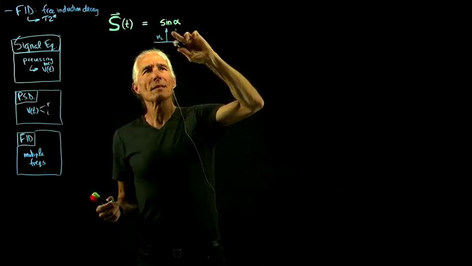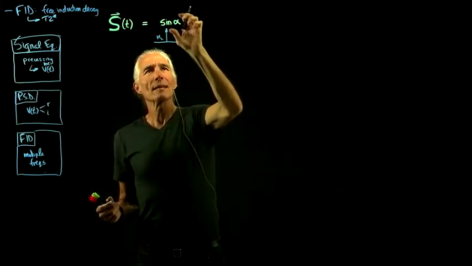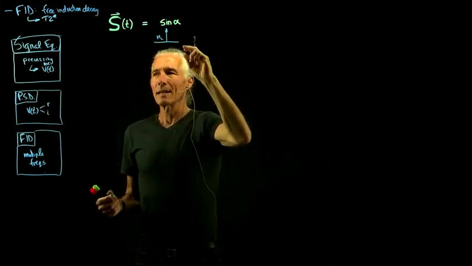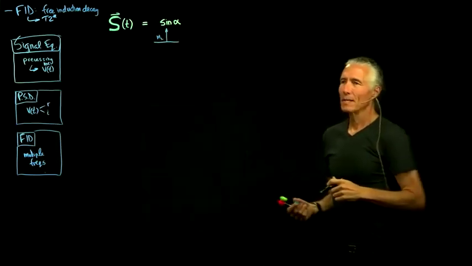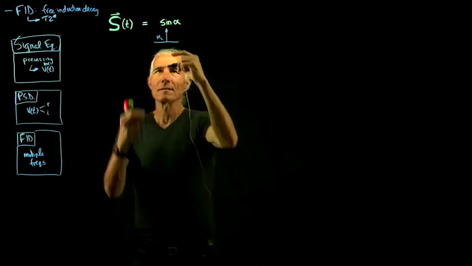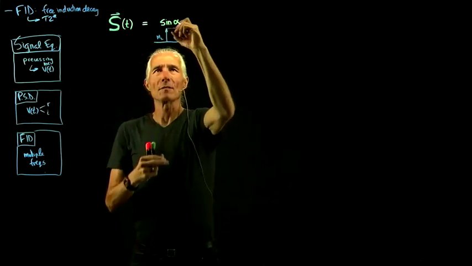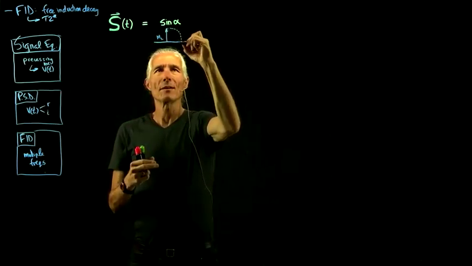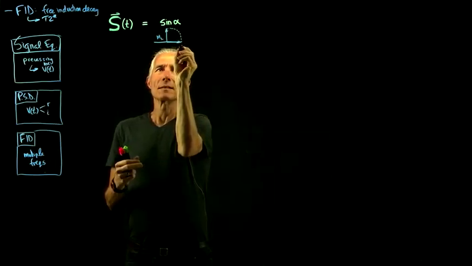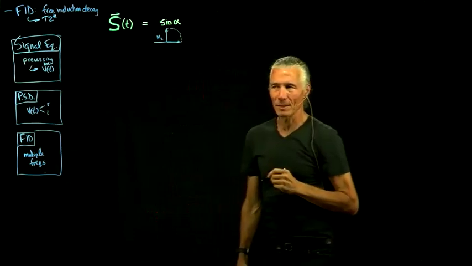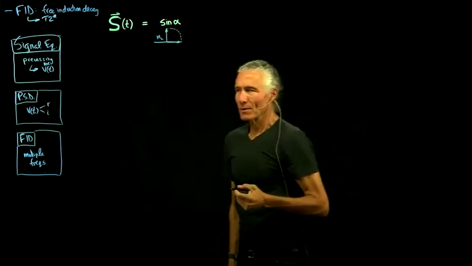if we went all the way down to the xy plane, that would be zero longitudinal magnetization, because we would essentially have no z component. But you don't have to necessarily do that.